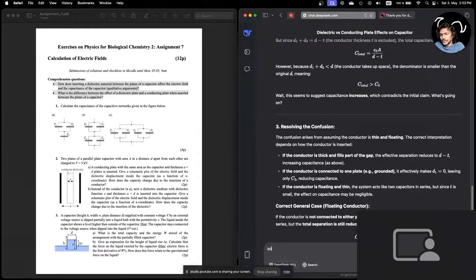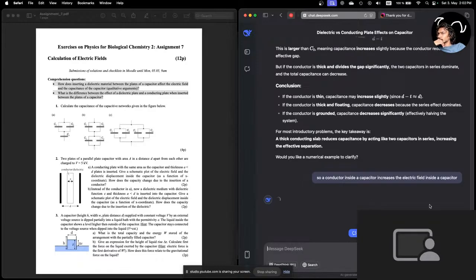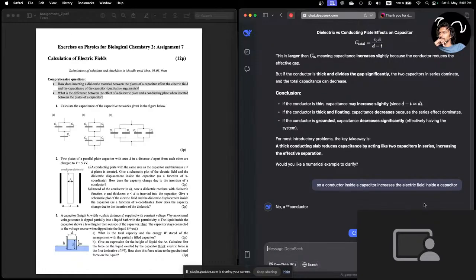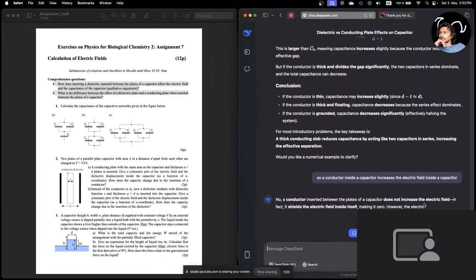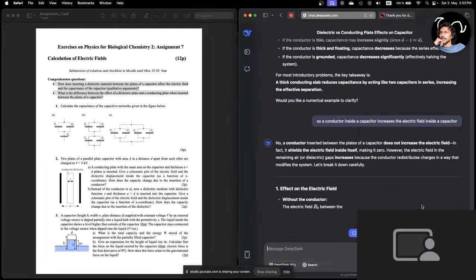No, a conductor inserted between the plates of a capacitor does not increase the electric field.